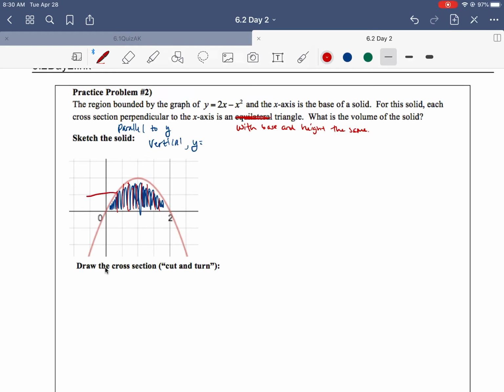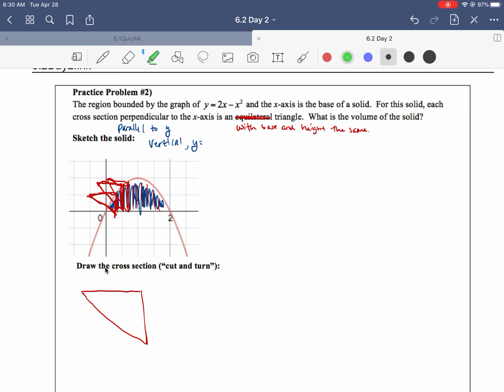So coming up out of this graph, we have triangles. Doesn't really matter whether they're right or not, but the height and the base are the same, okay? So when I draw my triangle, I'm drawing it as a right triangle just because that's more natural for me.